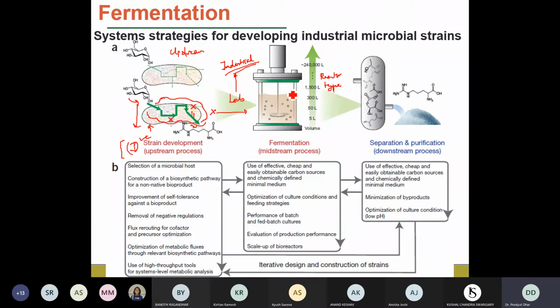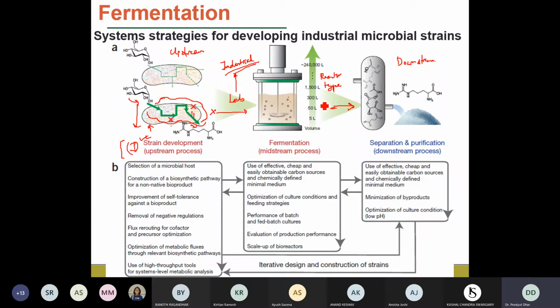And then once you have produced the ethanol, you have to separate it from the microbial system or the culture, right? So then we have to selectively choose the downstream processing. First you have to go for filtration to remove the microbial biomass.